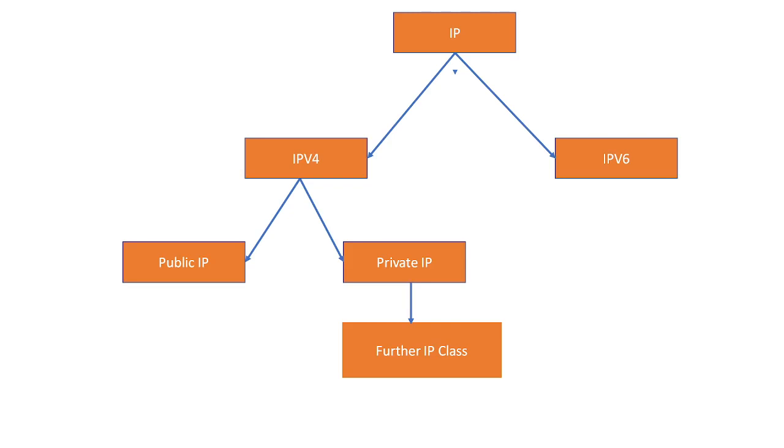So version 4 is a 32-bit address, 4 octets of 8 bits each. I'll show you in the next slide. It is a numerical value. But IP version 6 is a 128-bit address, alphanumeric, and special characters will also be there.